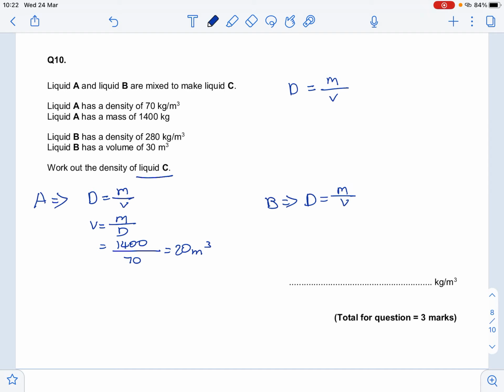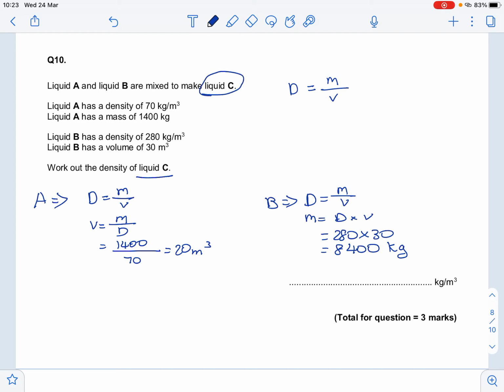This time we have volume, so we need to find the mass. Mass equals density multiplied by volume. Our density is 280 and our volume is 30, so our mass is going to be 8,400 kilograms.